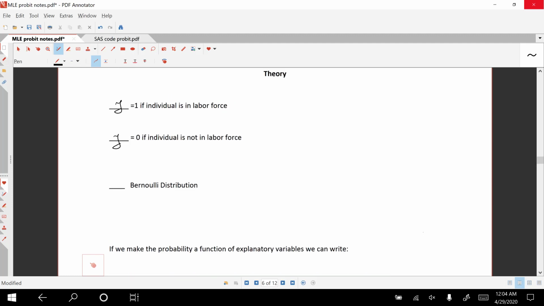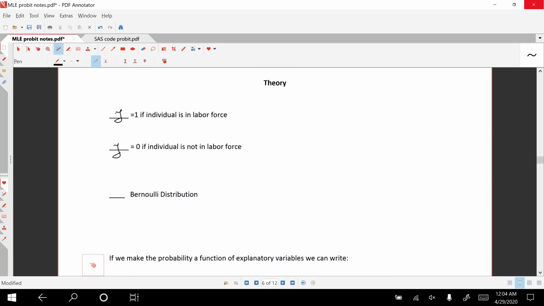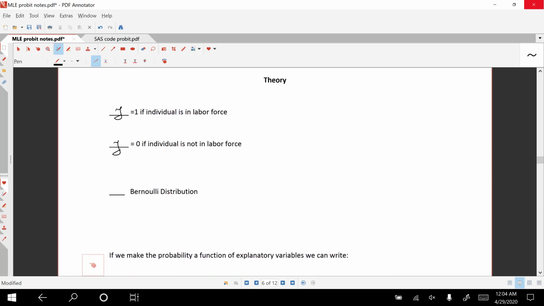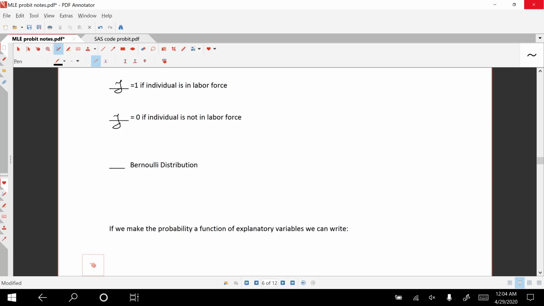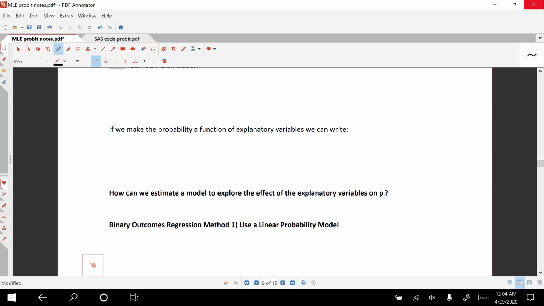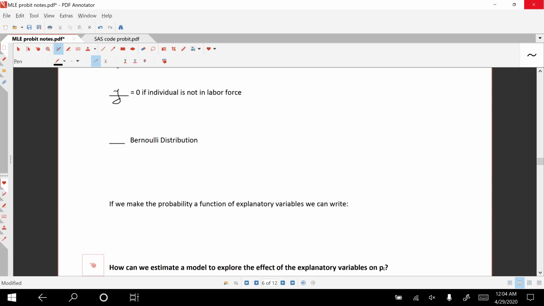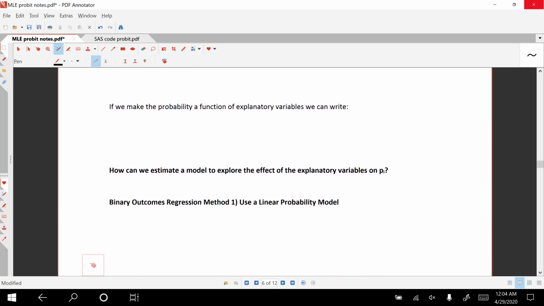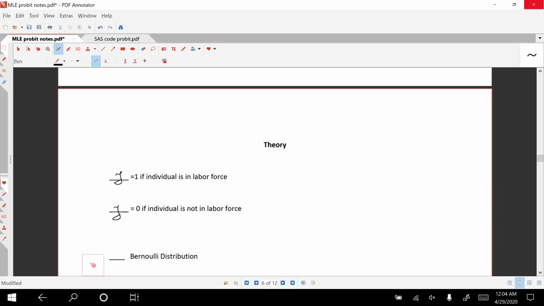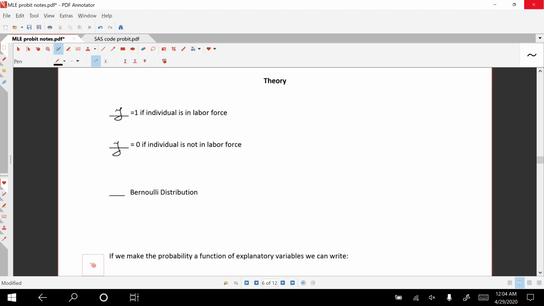But before we get to that, let's talk about the probability distribution of these binary variables. So we're going to be looking at two models. One is going to be the linear probability model, and the other one are going to be models based on maximum likelihood estimation. And the first one is going to be just like an OLS procedure. So yeah, let's talk about the theory.